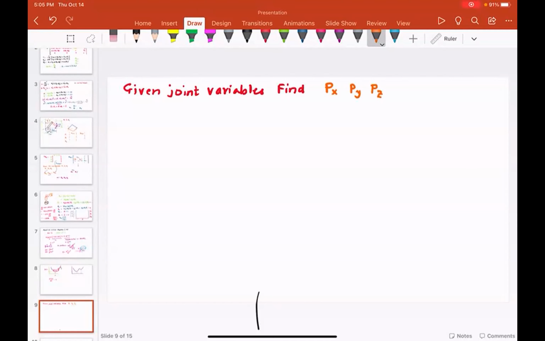Also, find the orientation of the end effector. This orientation is known as a rotation matrix. So what does that mean? If you look at the homogeneous transformation, you have Px, Py, Pz over here, and you have a rotation matrix. For the time being, I'm going to call this 0Rn. This rotation matrix is over here.